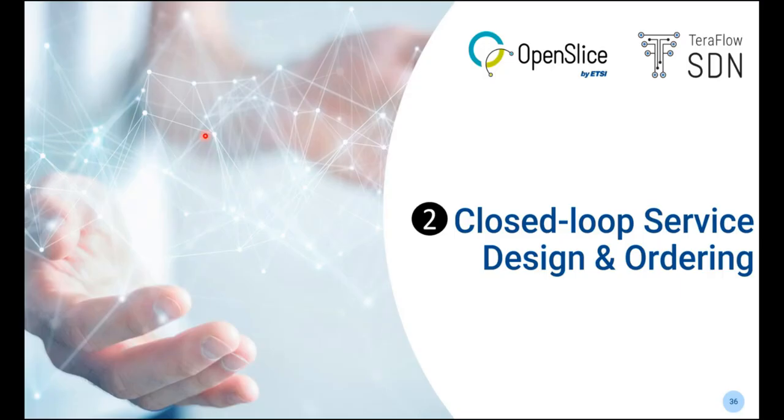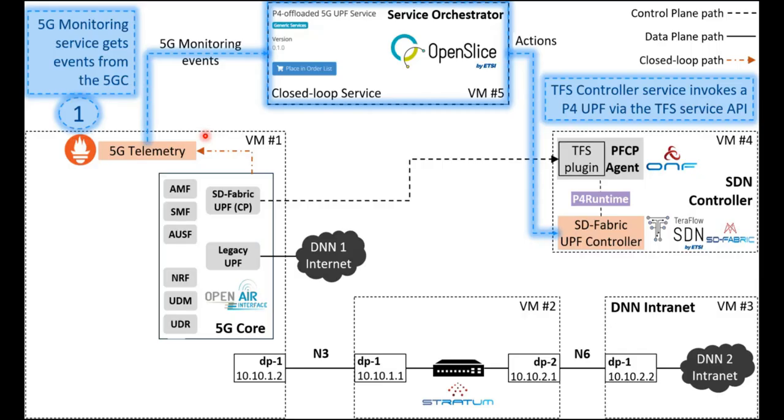All the system components are up. And now we're going to go into phase 2, which is how we have designed the closed loop service in OpenSlice and how we are ordering the service. To do this, we have first of all to connect OpenSlice with the telemetry data that is available through Prometheus. So it's the left-hand side of the diagram.